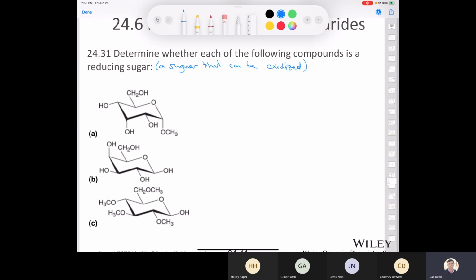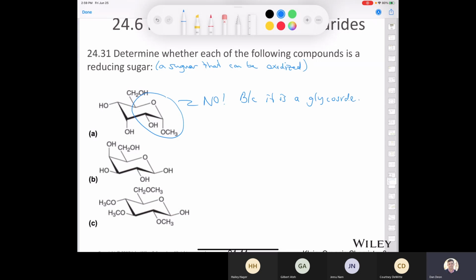We said that glycosides are not reducing sugars. So would A be a reducing sugar? The answer is no, right? No, because it is a glycoside.